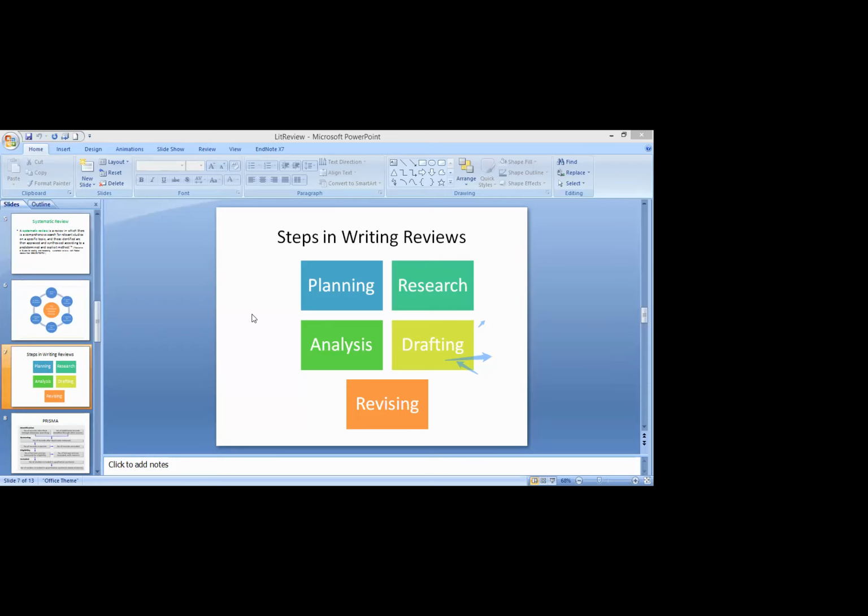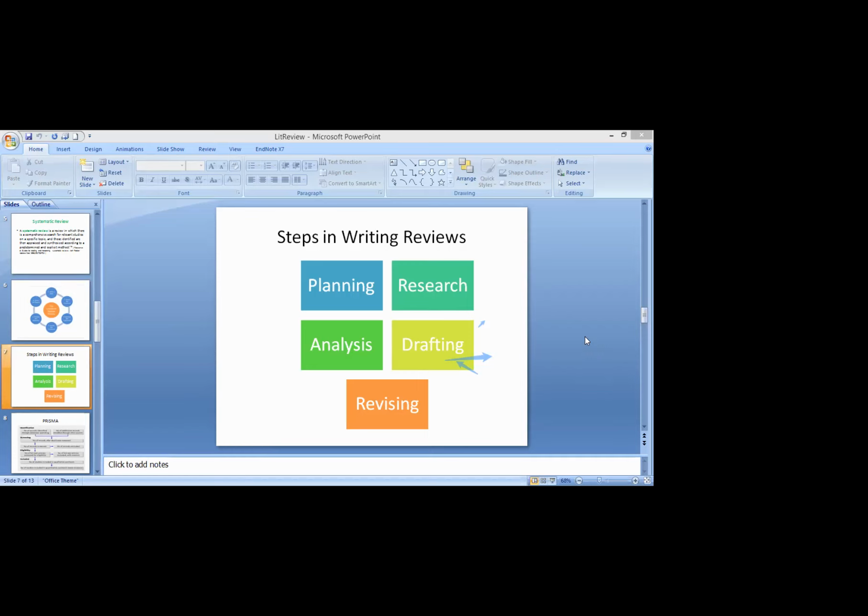Then analysis. Whatever you have read, you are going to analyze it, and then you start drafting it. Why are drafts being given back for rewriting? Because they are not communicating the same message to other people. And then revising.